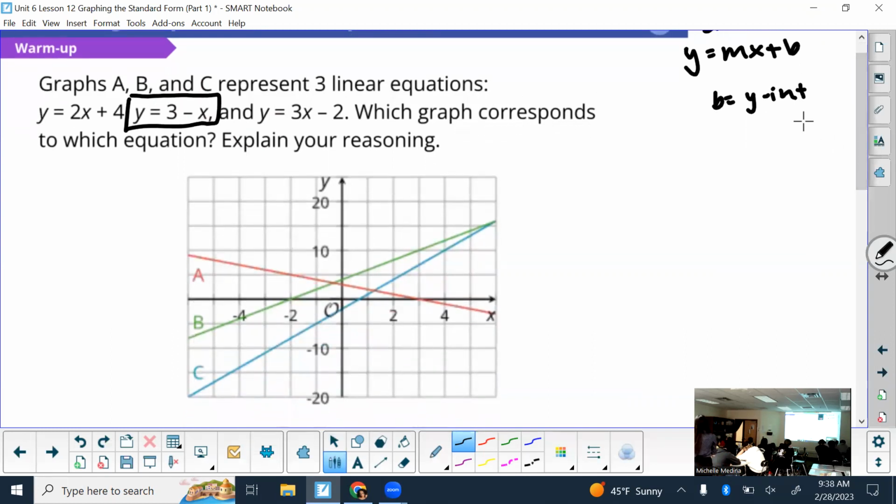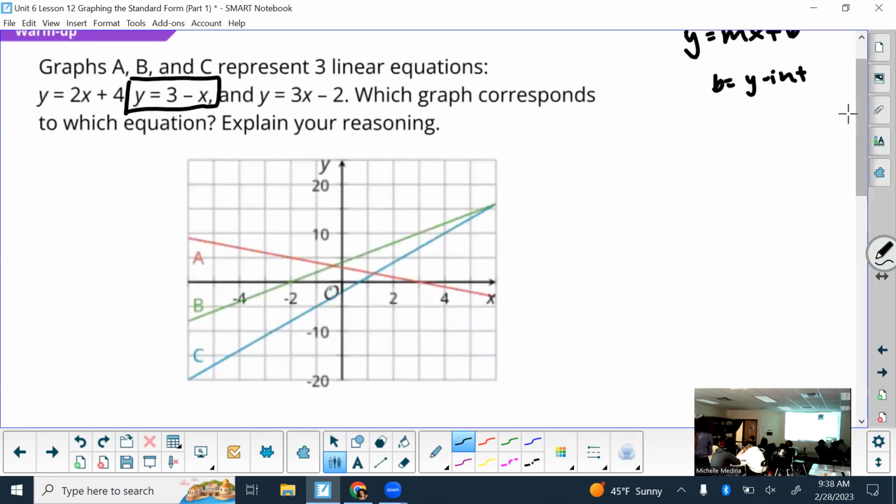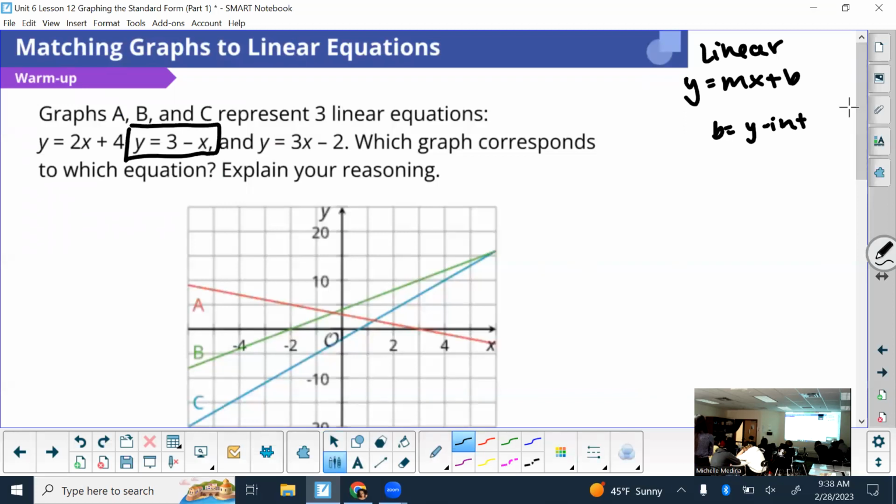Table 7, what's the other thing I should be able to easily identify from slope-intercept form? The x. Oh, wait, no. The slope. The slope, which is the m, okay, not the x, but you know it's the slope because it's in front of the x.